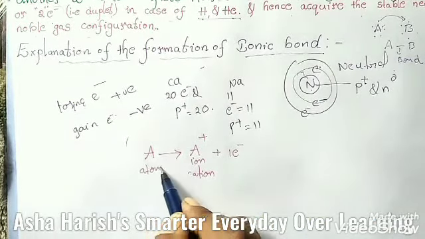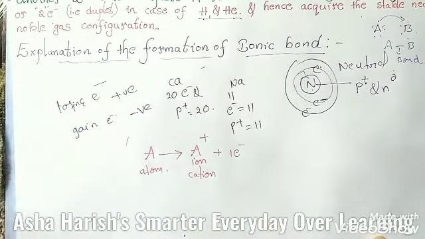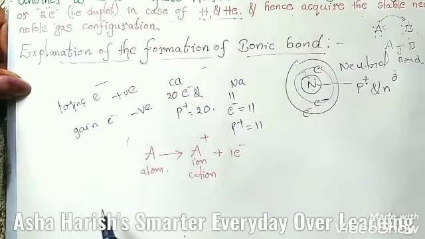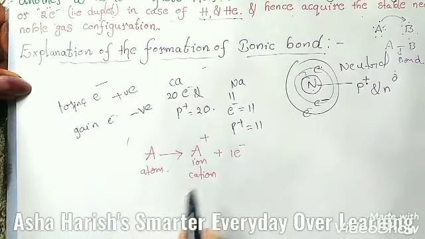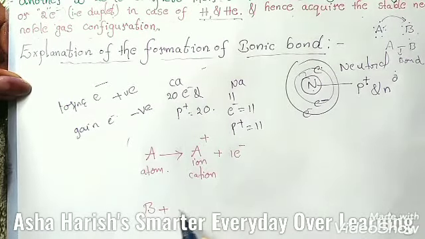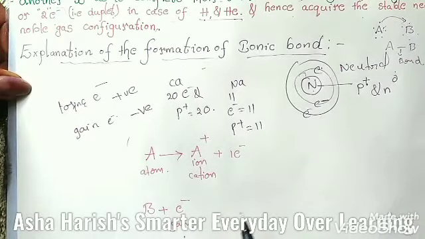On the other hand, when an atom gains one electron, the number of electrons exceeds the number of protons, and thus the atom becomes negatively charged. If I take the example of atom B, to this we have to add one electron.